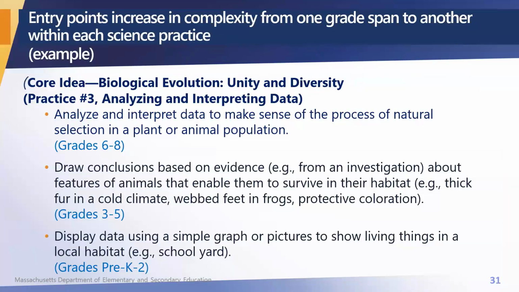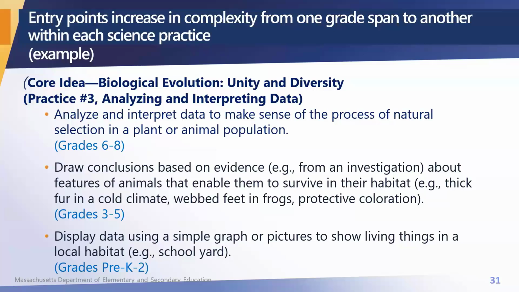I just want to show you how the complexity will decrease if you need to go to a different level. So say this is the same exact practice. Okay, this is practice 3. If you started in grade 6 to 8, you can analyze and interpret data to make sense of the process of natural selection in a plant or animal population.